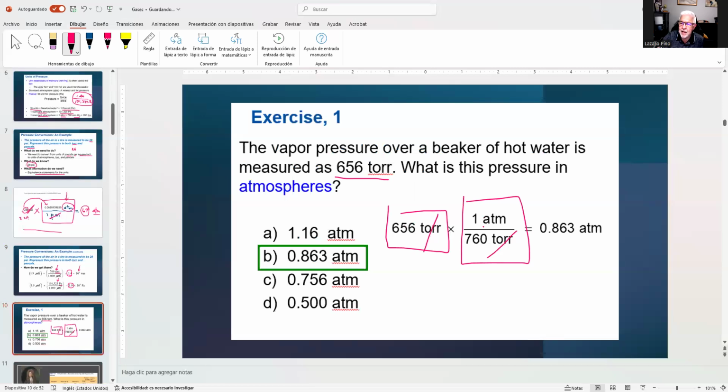I multiply and divide, and I give this answer. Why only three significant figures? Because the information that is given has only three significant figures. So my answer must have three significant figures.